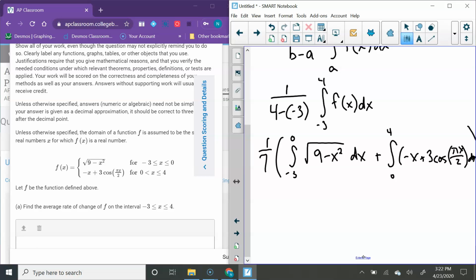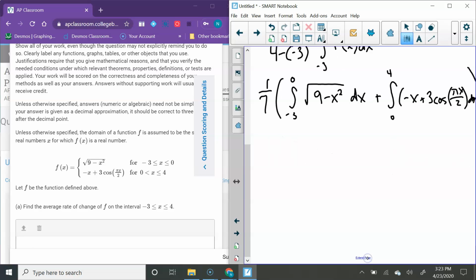I don't have the calculator where I can show you what I'm doing, but I'm going to write what I would type in. You would go to F3 and number 2 for integrate, and you would type in square root of 9 minus x squared, comma x, comma -3, comma 0.